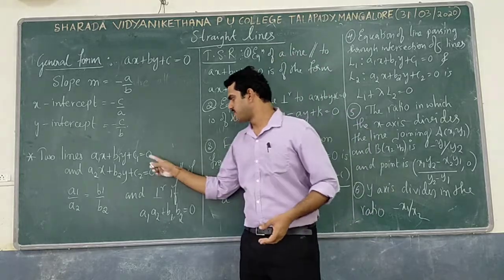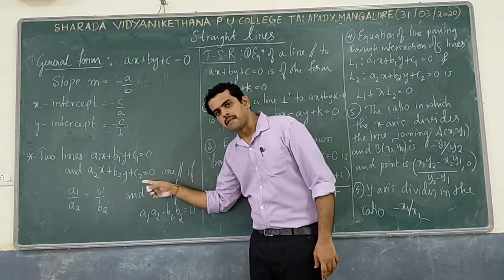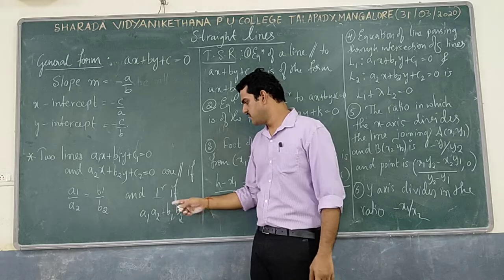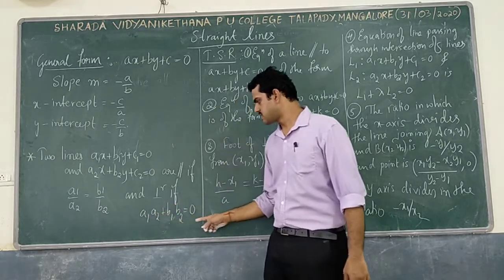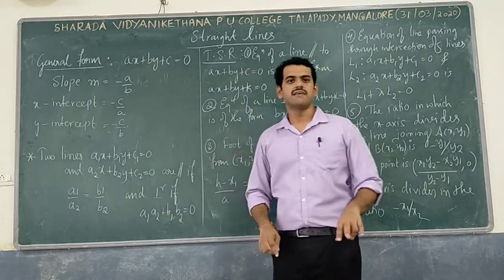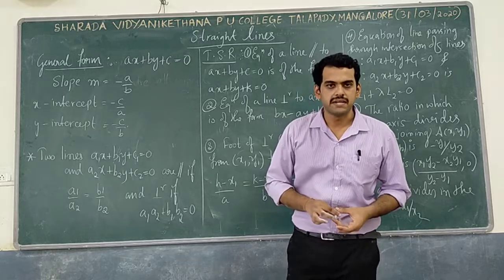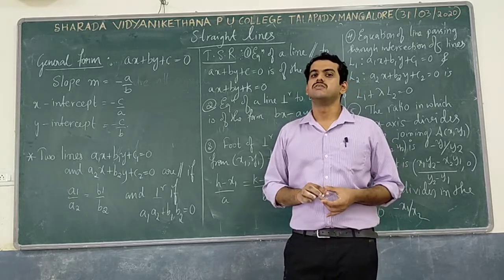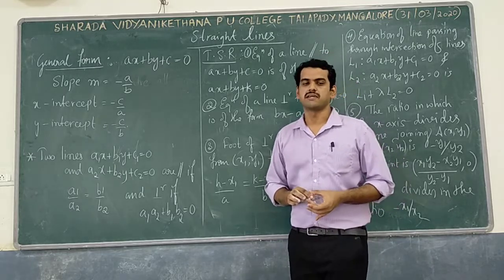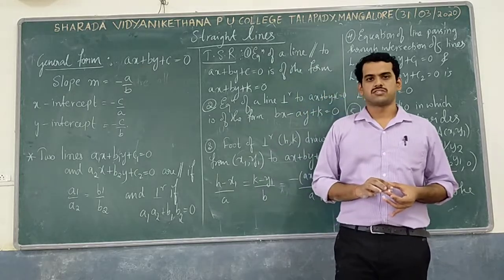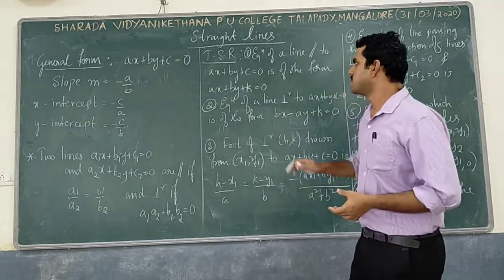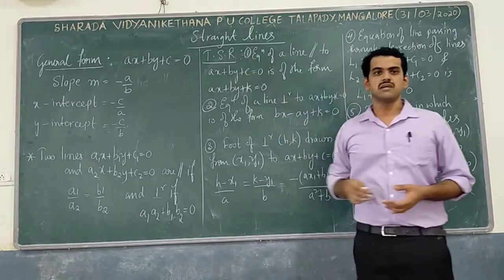And the lines are going to be perpendicular when this condition is satisfied, which is a1 a2 + b1 b2, their sum should be equal to 0. Then the two lines will become perpendicular to each other. And next, we'll take some time saving results.